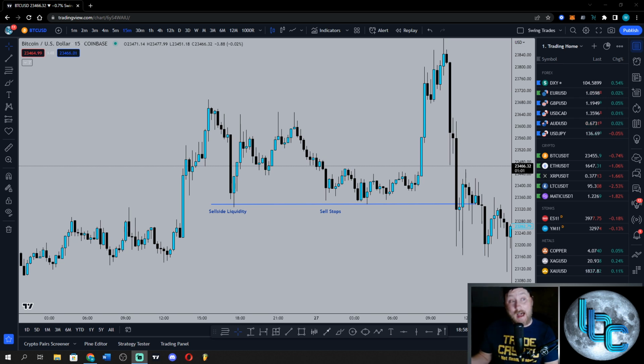And what the buy stop does, since it rests above, is force you to buy back at a higher price, which means you lose profit because you sold down here, but now the price has moved away from you, and you have to buy back at a higher price than what you initially sold at. So that's obviously not good. That's your buy side liquidity and buy stops. That's your sell side liquidity and sell stops.